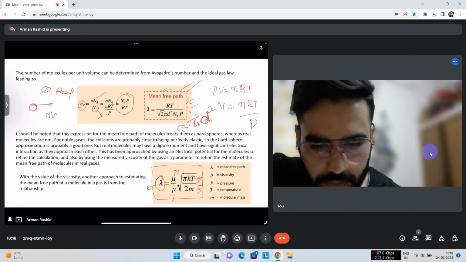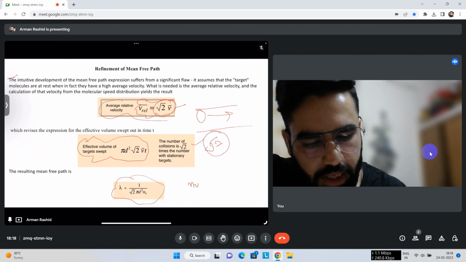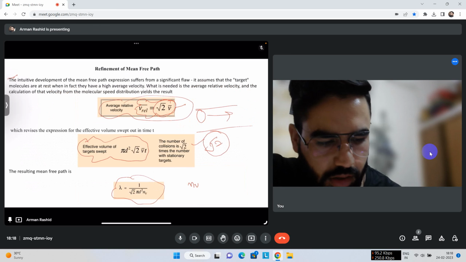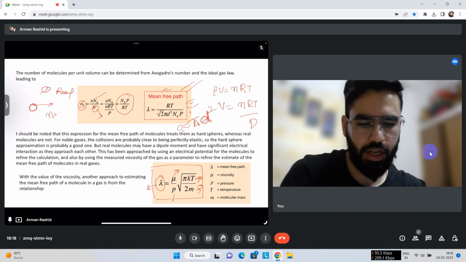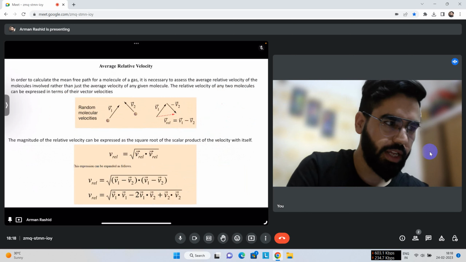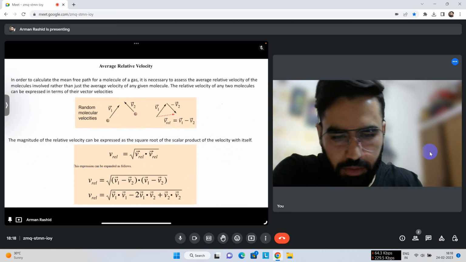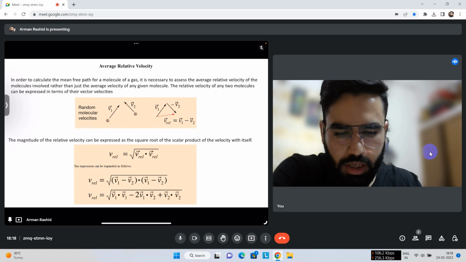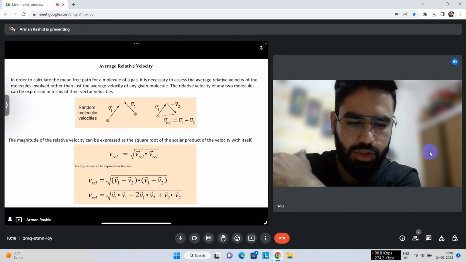Now previously I have shown that the average relative velocity is the square root of the relative velocity. Now we'll try to see how it comes. In order to calculate the mean free path of a gas molecule, it is necessary to use the average relative velocity of the molecule rather than the average velocity of a given molecule.